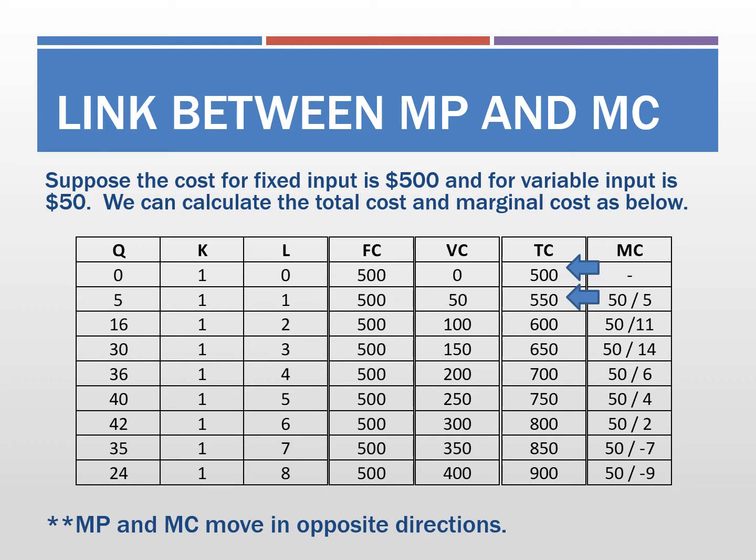If we want to calculate the next level, we take $550 minus $600, which is the difference between the total costs, and we use 5 units minus 16 units of output. So we get 11. That's why the next level of marginal cost is 50 divided by 11.